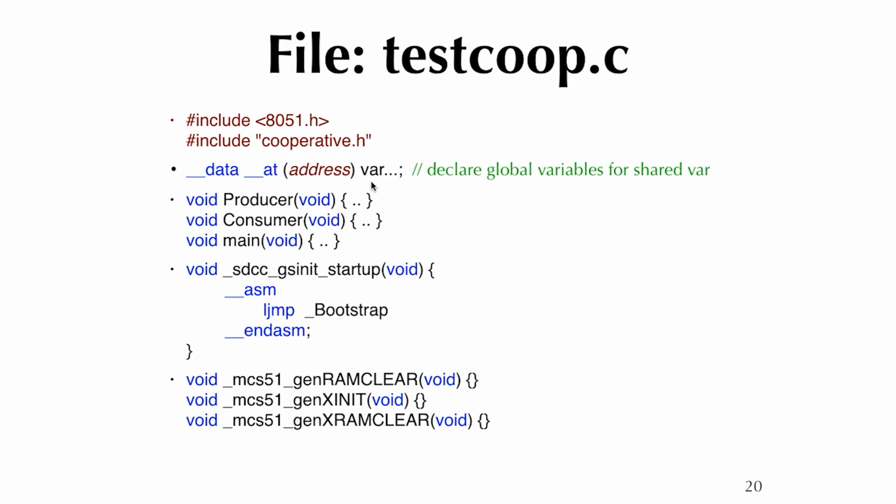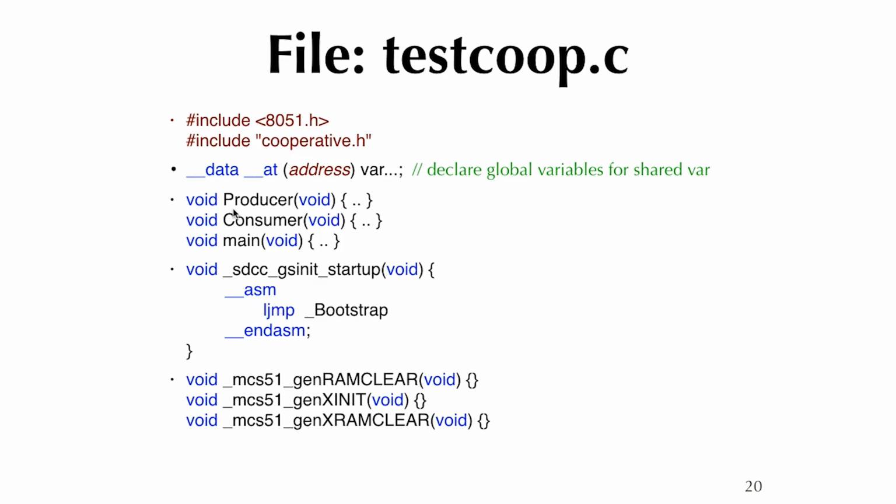Data at address var. That is a way for you to declare your own global variables, and these are visible to all the threads. In case you're curious what's different between iData and data, in terms of code generation, data gives you direct addressing in the range 0 to 127, or 7F hex.